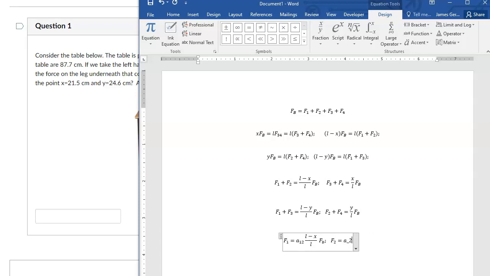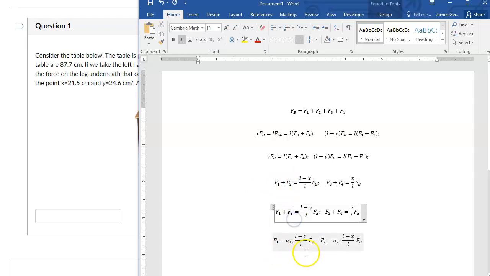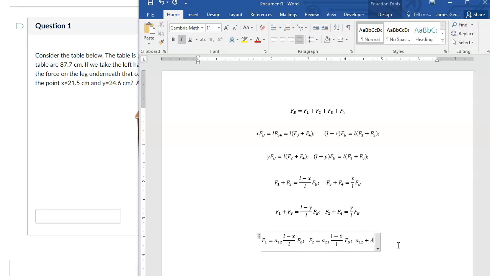I'm going to use A21, since these kind of go together, onto L minus X over L FB. So all I've done is say, whatever F1 is, this factor over here is there. So F1 is some fraction of that, F2 is some fraction of that. And if we stick all this back in, A12 plus A21 has to be equal to 1.